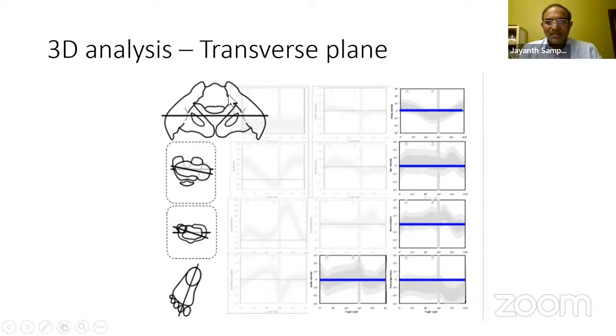So the pelvis is calculated in relation to the lab axis. Then the hip is calculated in relation to the pelvis, and the knee in relation to the hip, and the foot in relation to the ankle. So each body segment is represented in relation to the more proximal segment.